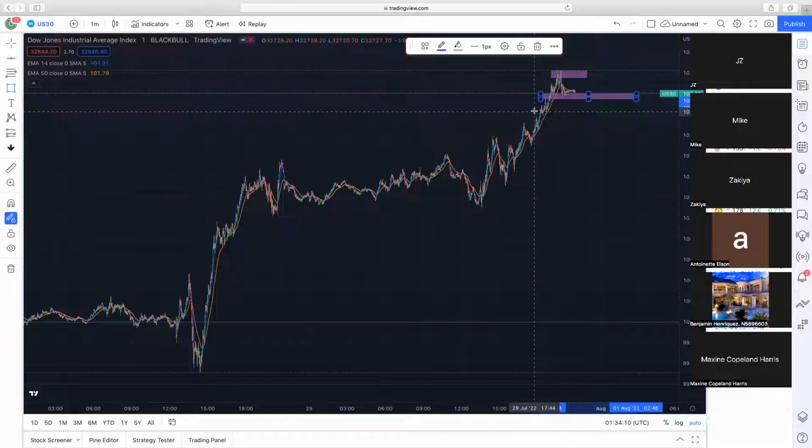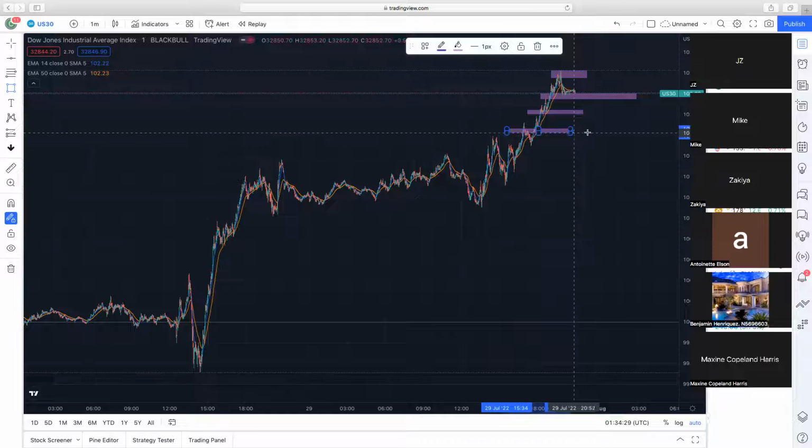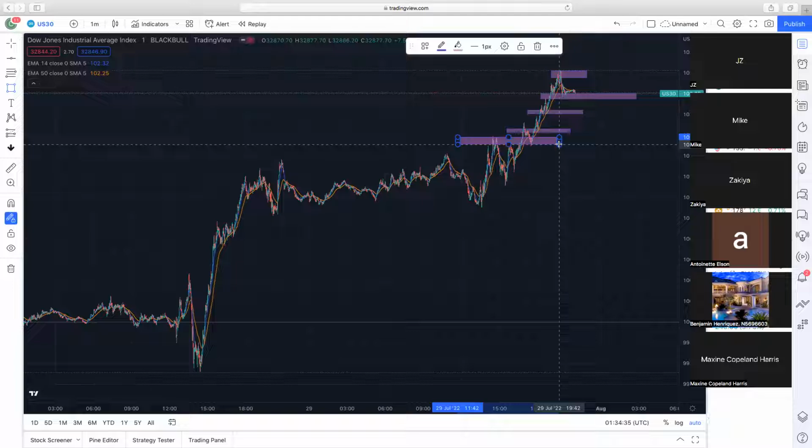Definitely. You see how everything's kind of running together? Definitely here. Definitely got one here. This is a great one. I caught 5,000 pips. I just stayed in my buy yesterday, and I caught 5,000 pips.